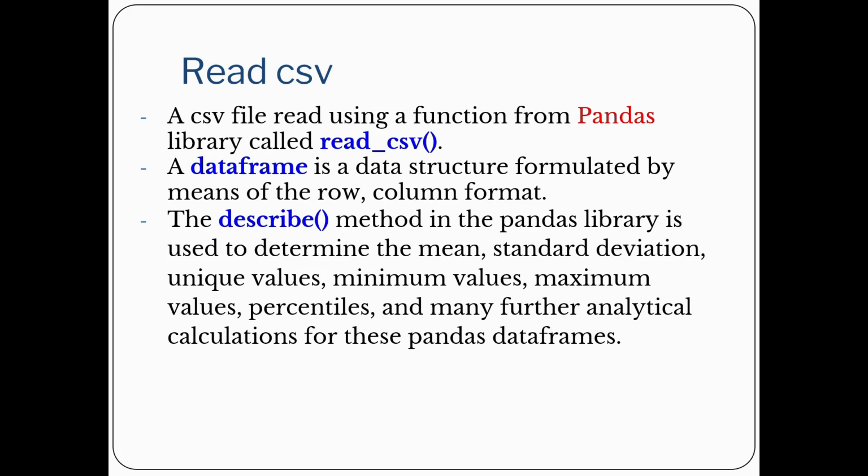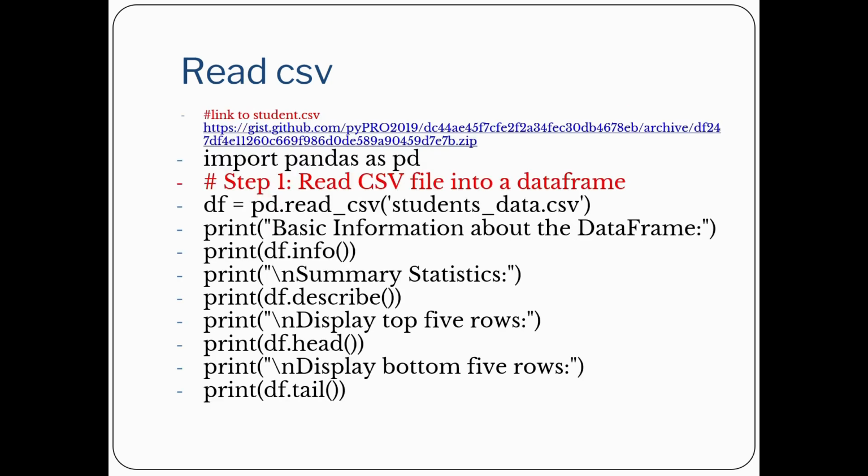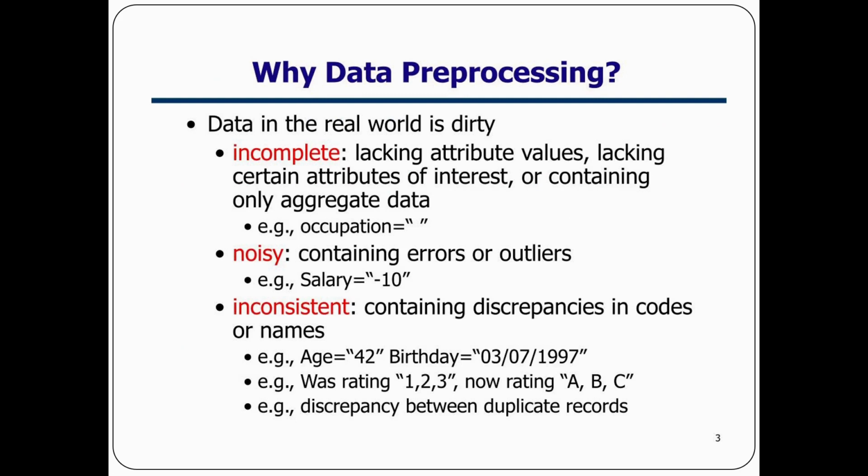Generally, the data can be taken as an input from Excel files or CSV files, or like tabular data from databases. The first thing in any data science project is data pre-processing.